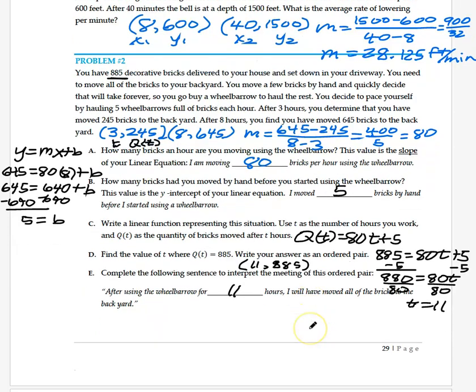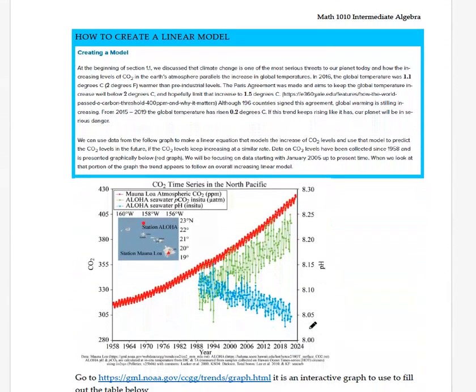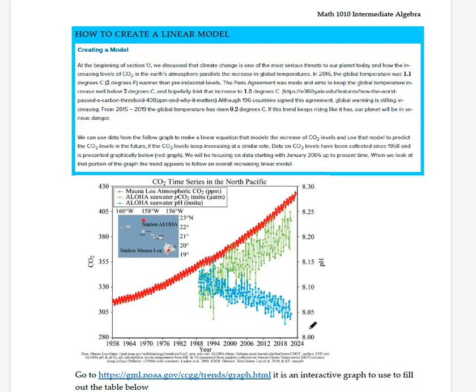Okay. All right. So think back to the very first section in the book where we were talking about how there's climate change going on.